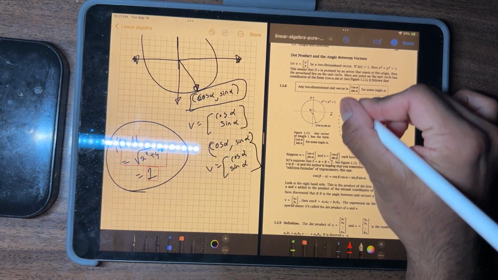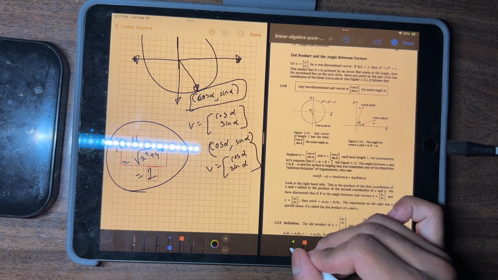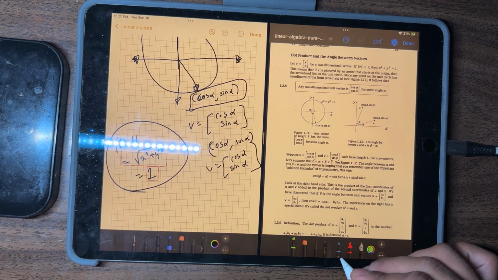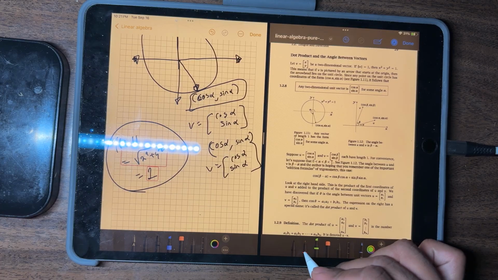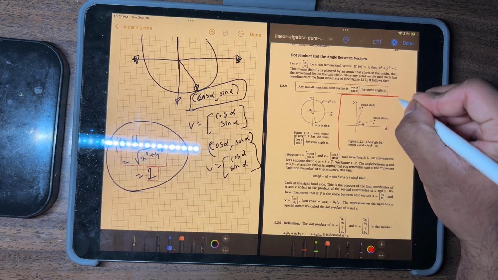Okay, now we are focusing on this section here.